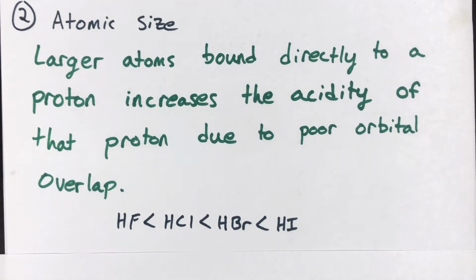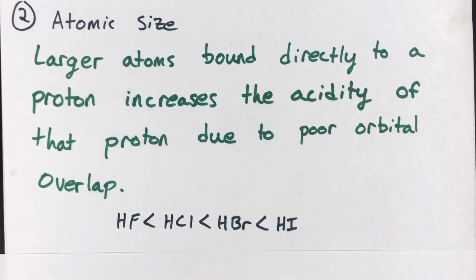Electronegativity would suggest that this trend would be the other way, because iodine is less electronegative than bromine, which is less electronegative than chlorine and fluorine. That would suggest that HF should be the strongest acid out of this list. And that's incorrect. It's only because the atomic size wins, basically.